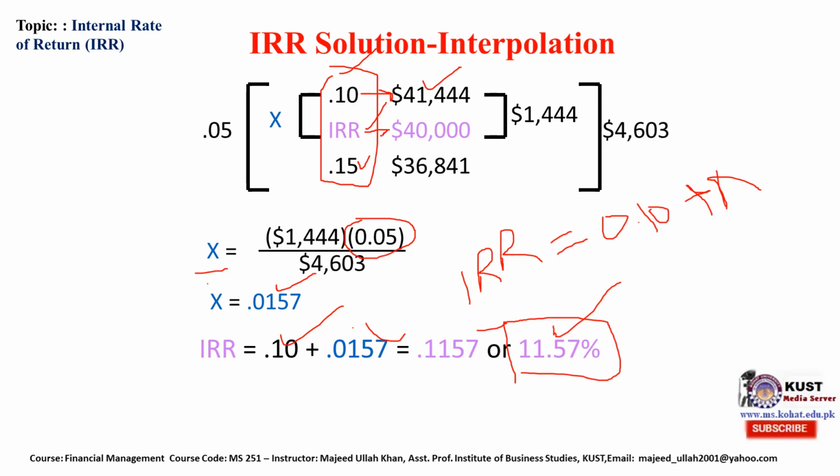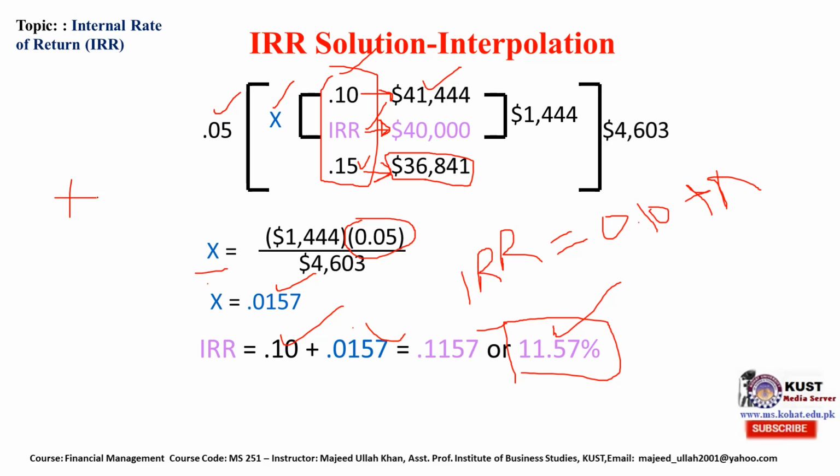IRR will give you exactly the amount that is equal to the initial cash flow. 15% will also give you some value of present value of all future cash flow. So this will be written in two columns. The difference between lower rate and IRR is x, which is unknown. The difference between higher and lower rate is 5%. So x divided by 0.05.